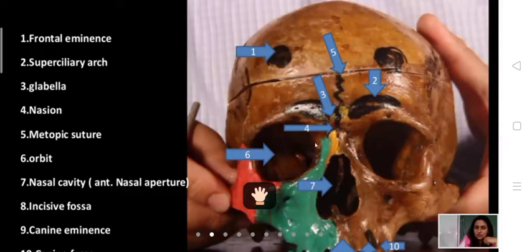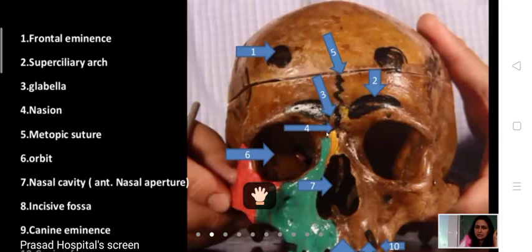This nasal notch articulates with 3 bones from medial to lateral side. Medial most, it articulates with the nasal bone. Lateral to it, it articulates with the maxilla, and lateral to it, not clearly visible, there is a small lacrimal bone.